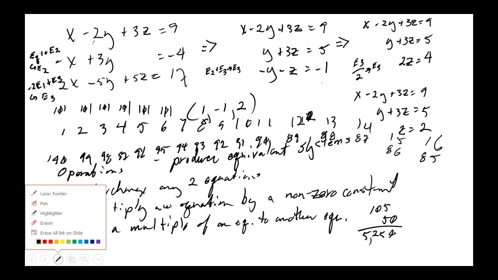Okay. So let's clear the screen here and do example 8. x1 minus 3x2 plus x3 is equal to 1. 2x1 minus x2 minus 2x3 is equal to 2.